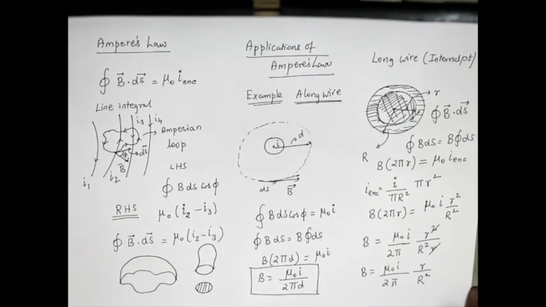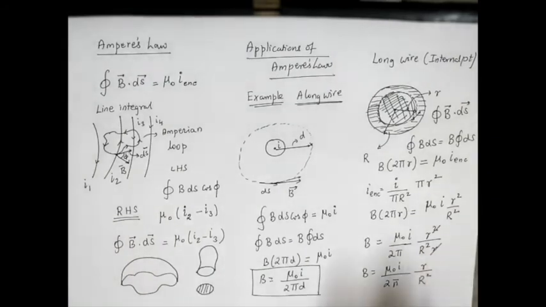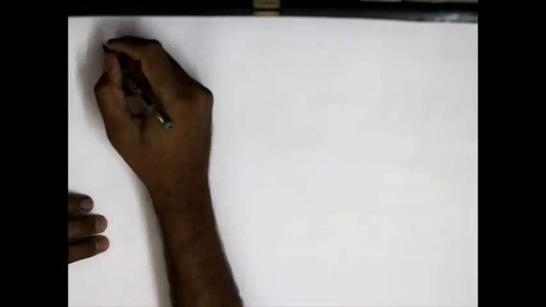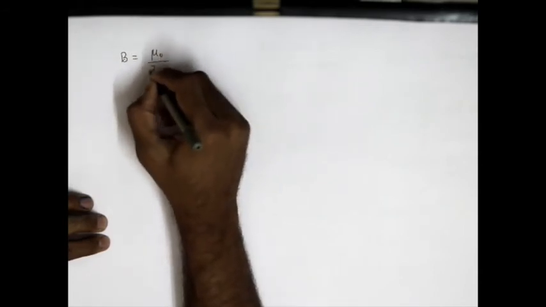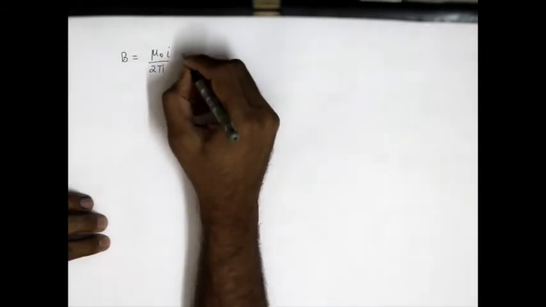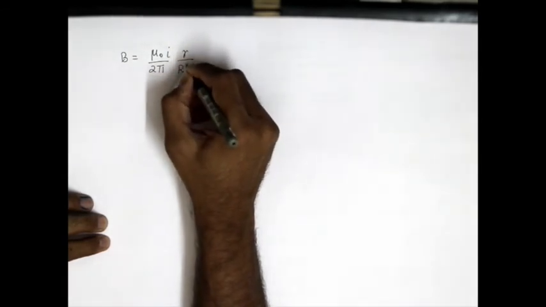Let us plot this particular function and see how it varies. So we had a formula of this particular type. B is equal to mu 0 by 2 pi, r divided by R square.